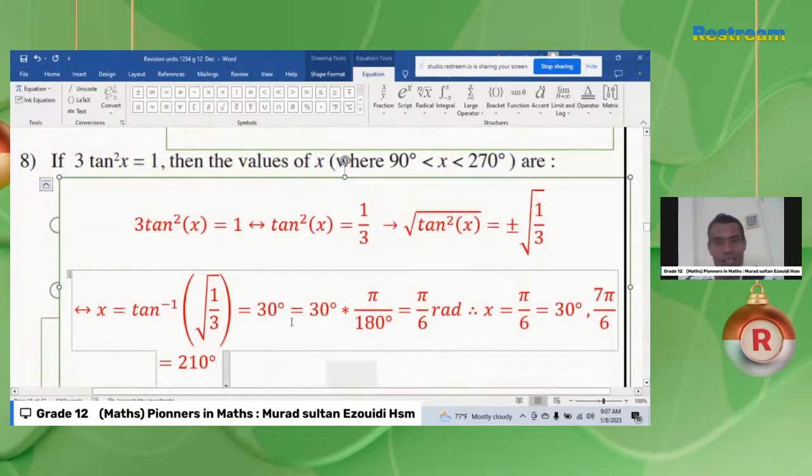So 210 is less than 270 and more than 90. And 30 is less than 90.